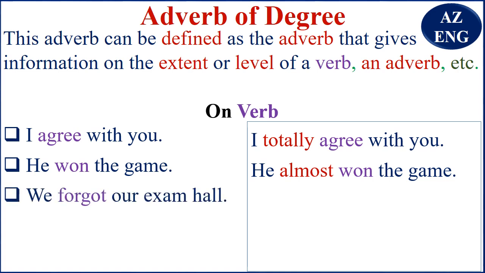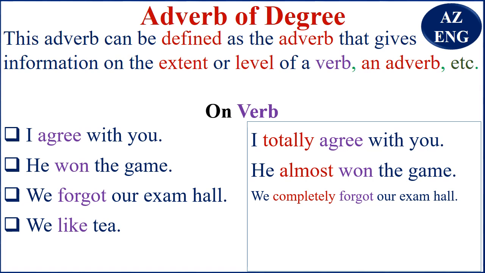We forgot our exam hall. We have a verb here, but we haven't got an adverb. But here, we completely forgot our exam hall. Completely is the adverb of degree modifying the verb forgot.